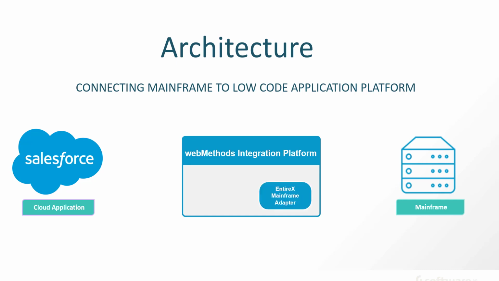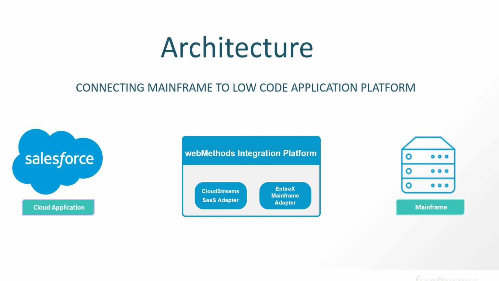In this instance, we used the EntireX mainframe adapter to communicate to the mainframe. We specified the IP address of the mainframe, the port that it was listening on, the security credentials, as well as a few other options.